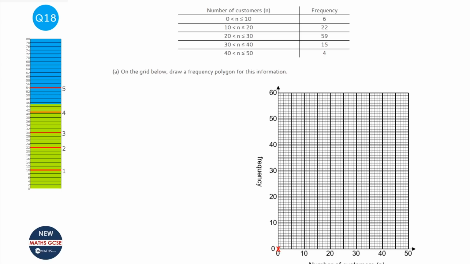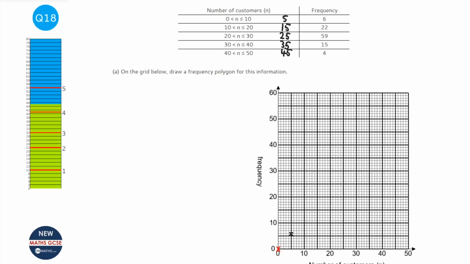So we've got our first group 0 to 10, so the midpoint would be 5. Next one is 10 to 20, so that's going to be 15. Then 25, then 35, then 45. So the first one's going to be at 5, and it's going to be 6 high. It's going to be like that.